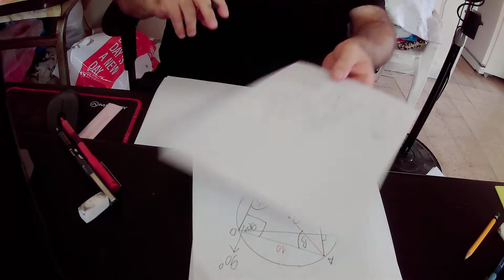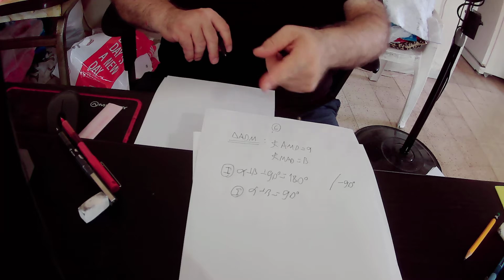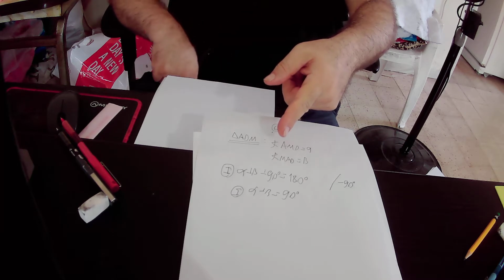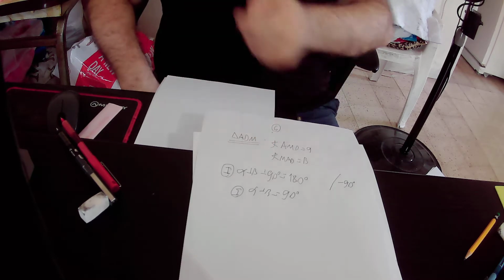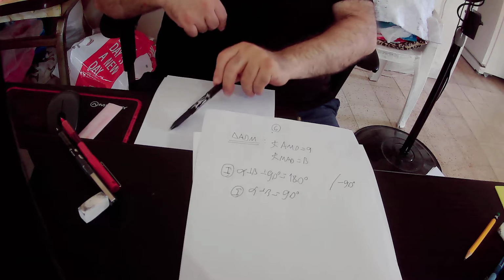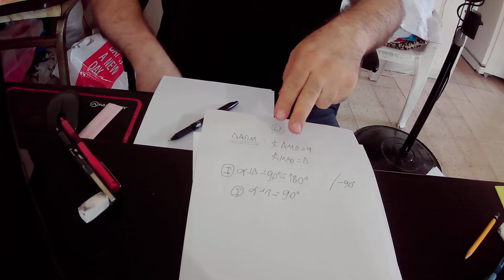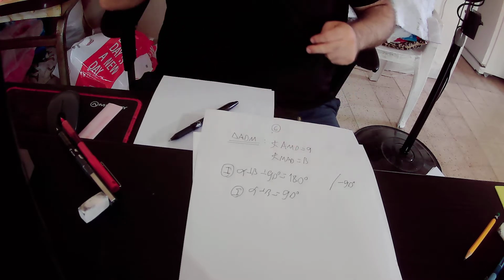We will get that alpha plus beta plus 90 degrees minus 90 degrees equals alpha plus beta, and 180 degrees minus 90 degrees equals 90 degrees.